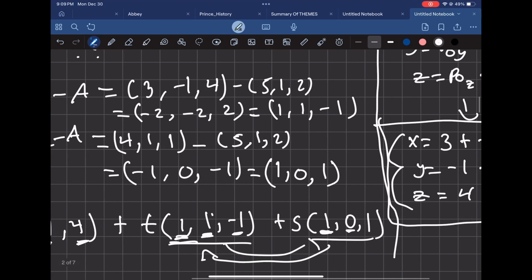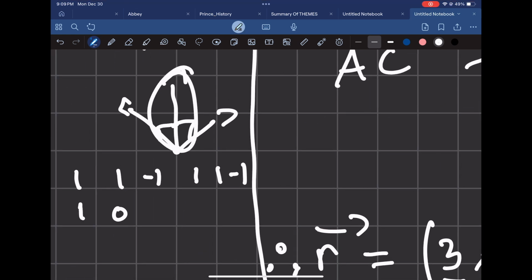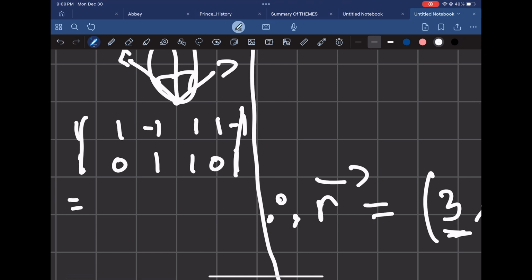Then 1, 0, 1, that is our second direction vector that we got, so 1, 0, 1, 1, 0, 1. Now the first and last column of the matrix is what you want to remove. So just remove those. And now what you're left with is the series of numbers where you can actually cross them together to get the cross vector.